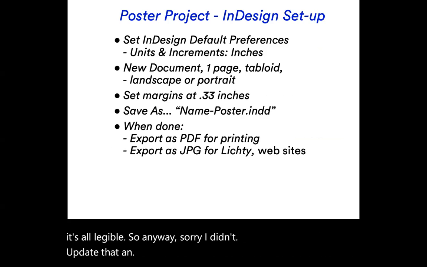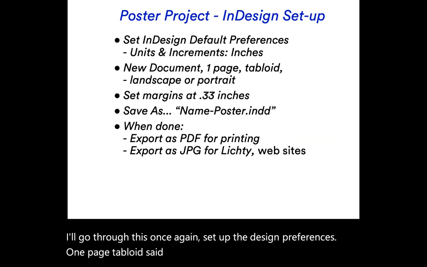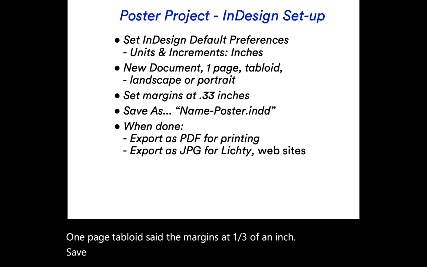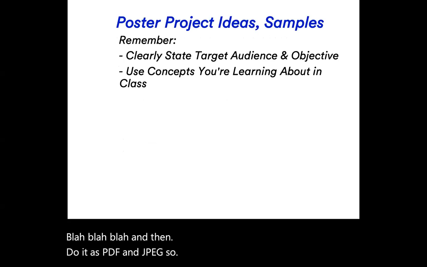I'll go through this. Once again, set up the design preferences: one-page tabloid, set the margins at 1/3 of an inch, save as MCOM and so on, and then export it as a PDF and a JPEG. And you'll have this project statement.